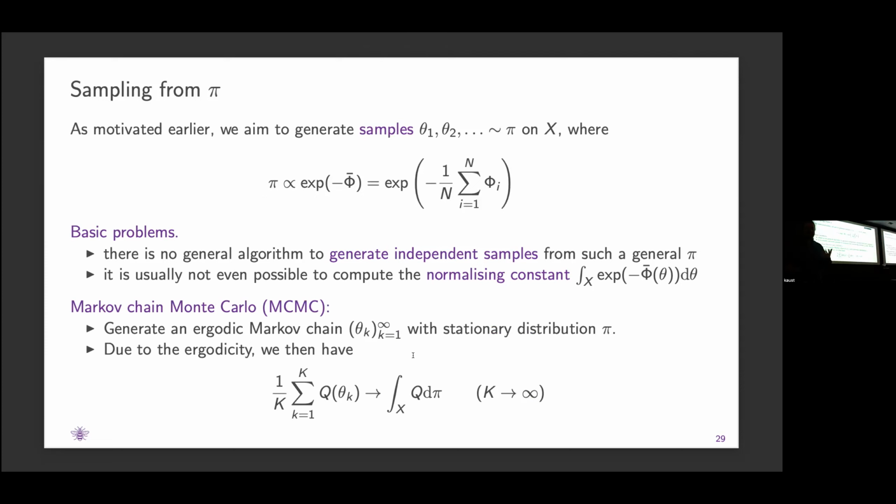We cannot really use inverse CDFs, and we probably cannot even compute the normalization constant of this beast. So what we do instead in Markov chain Monte Carlo is generate an ergodic Markov chain, discrete in time, that has stationary distribution pi, and then due to ergodicity, we can use samples over time to approximate integrals over space. Okay, so far so easy.